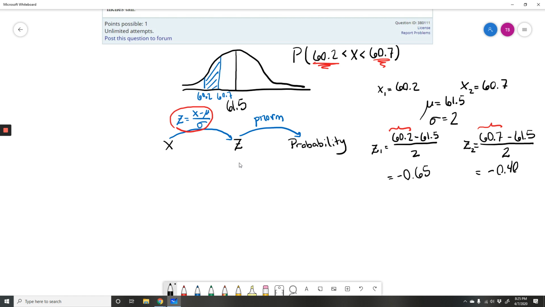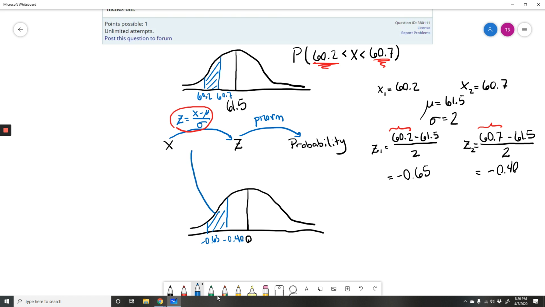So what we've done is we've converted this now to a standard normal distribution with that standard normal mean of 0. And we want to find the area between negative 0.40 and negative 0.65. And this area right here is the same as this area up here. Okay, same area. That's what makes this work. We convert it to a standard normal distribution, and we'll have the same area.